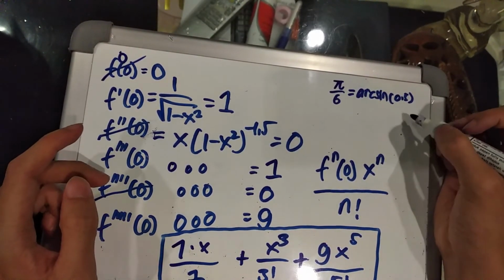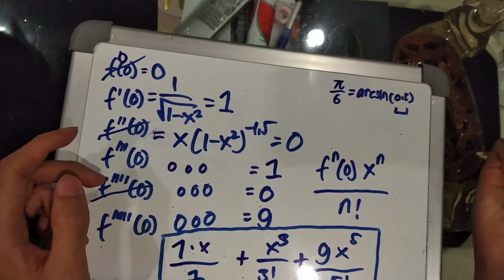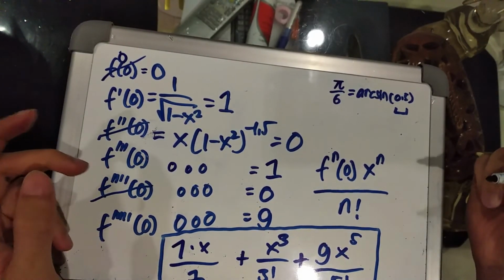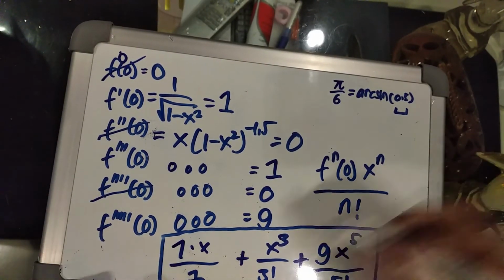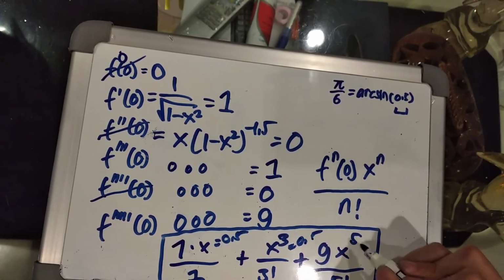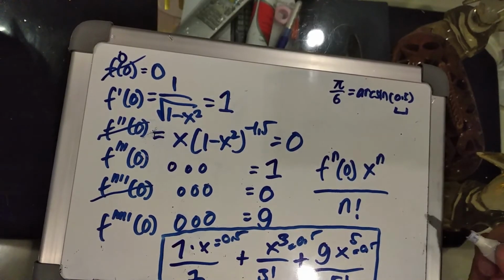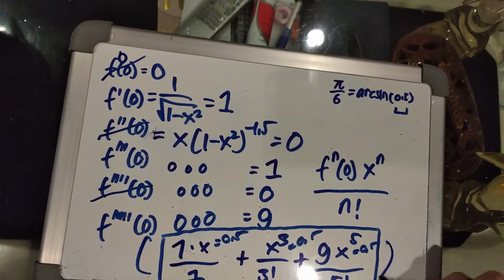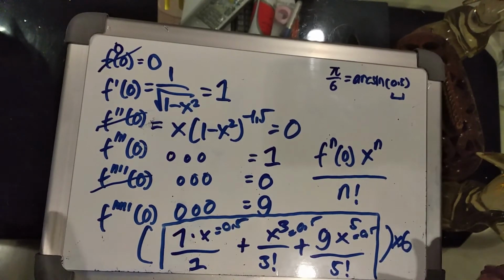Now, our x value here is 0.5 because that's what we're trying to estimate. So simply, if we just input x equals 0.5 and you multiply this whole thing by 6, you're going to get pi.